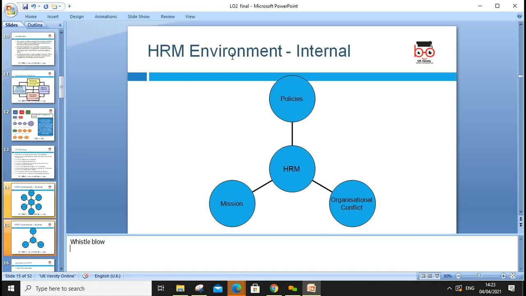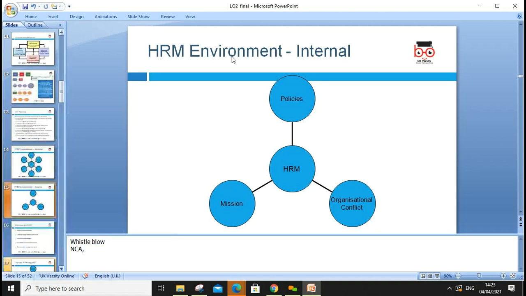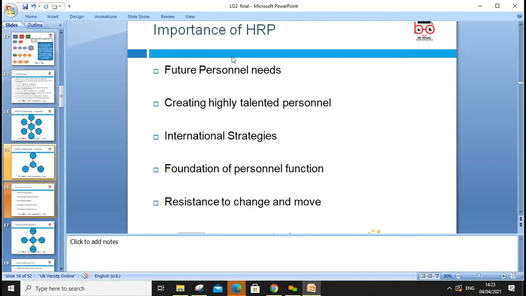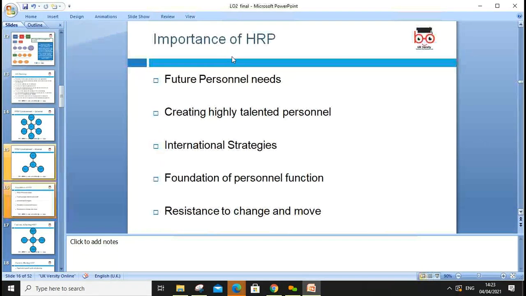We can also go to external bodies, such as the NCA, the National Crime Agency. Another area is money laundering, not paying fair taxes, and those sorts of things. Or maybe somebody has a fake degree and you have to whistleblow in our organization. So that's the whistleblower concept.